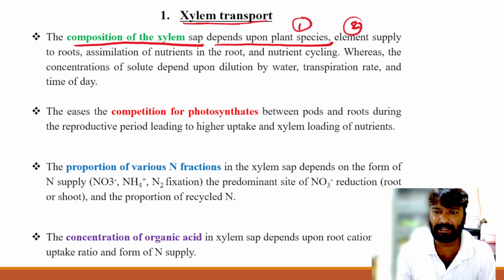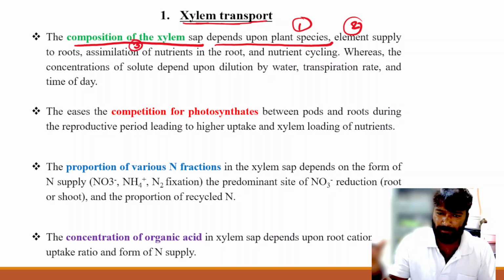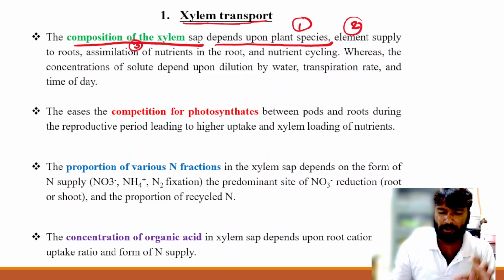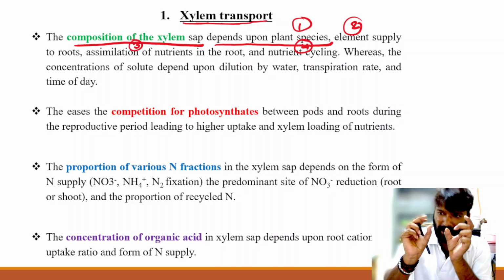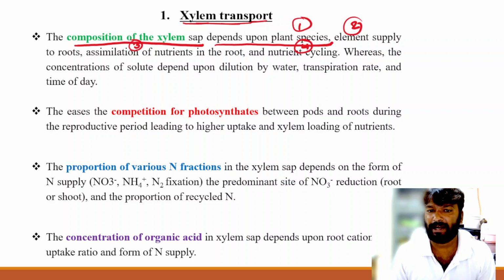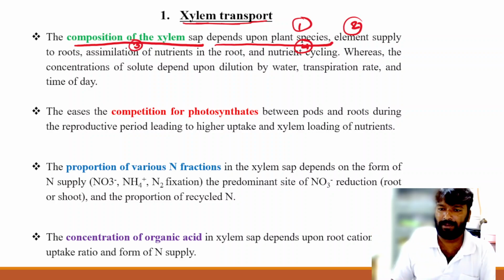Third point is the assimilation of nutrients in the roots, meaning the types of nutrients transported in the roots. Fourth point is the nutrient cycling which takes place between the xylem and the phloem at the root-shoot junctions. So these four factors affect the composition of xylem sap.